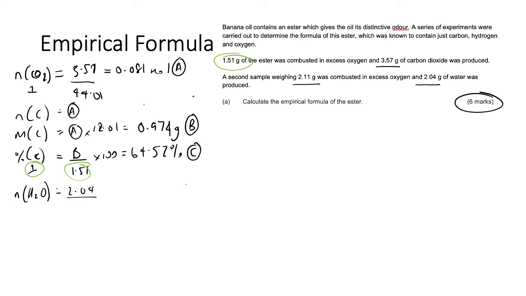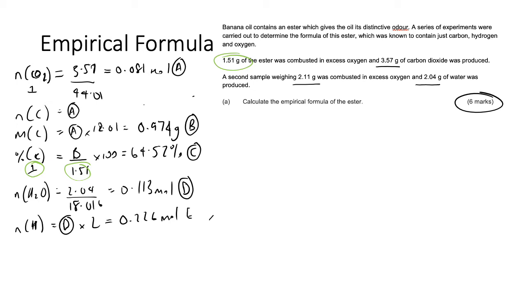2.04 over 18.016, which happens to be 0.113 mole. We'll call that D, right? Then I can work out the number of moles of H, which will be equal to D times 2, which will be equal to 0.226 mole, which we'll call E, right?